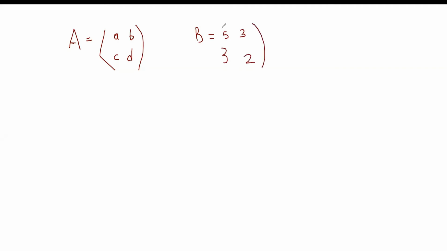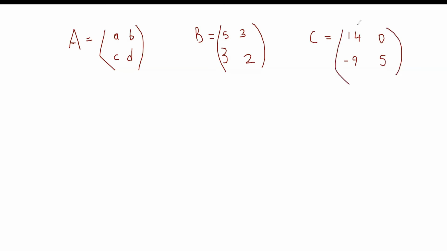This is A, this is B. And then they give us C, which is 14, 0, minus 9, 5. That's C. All right, nice.